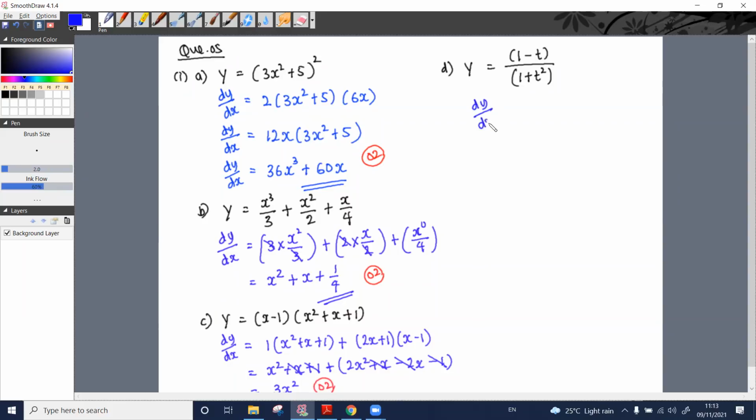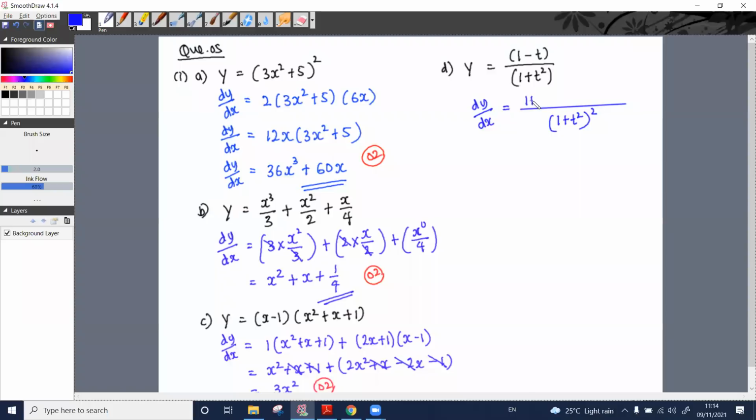dy by dx. When we have something like this, how do we differentiate? The unknown is on top and also at the bottom. So how? First we need to square the denominator, 1 plus t squared, the whole squared. Then, right, we need to take the denominator to the numerator.